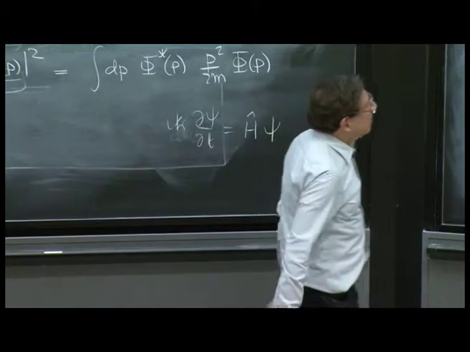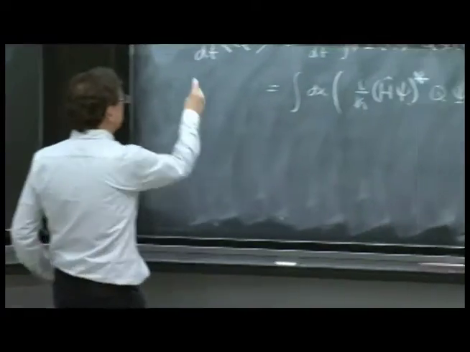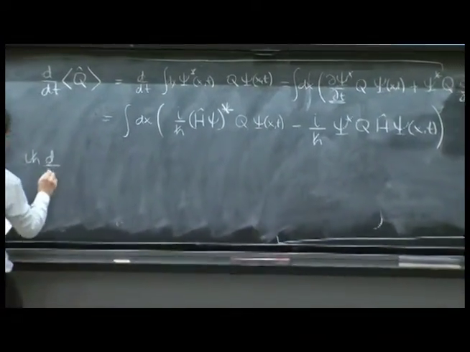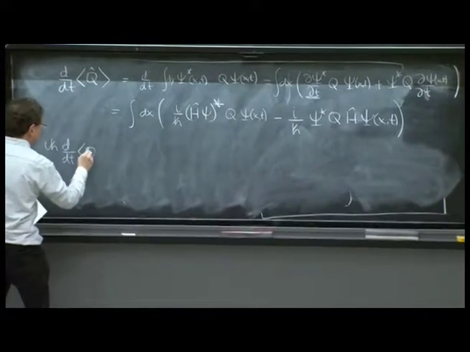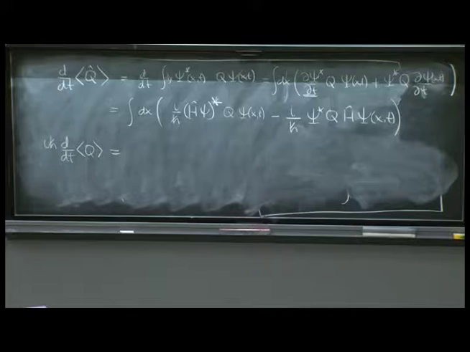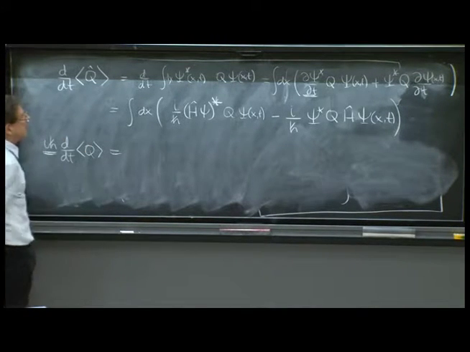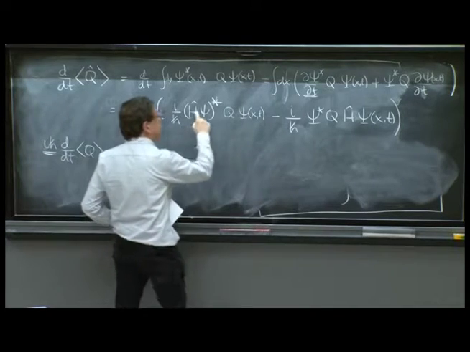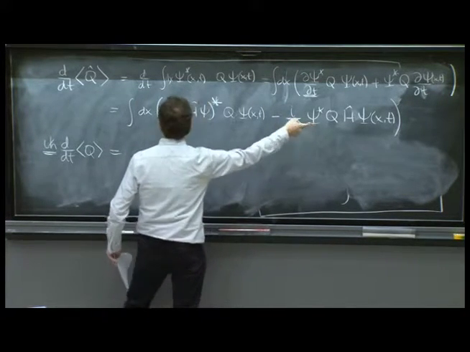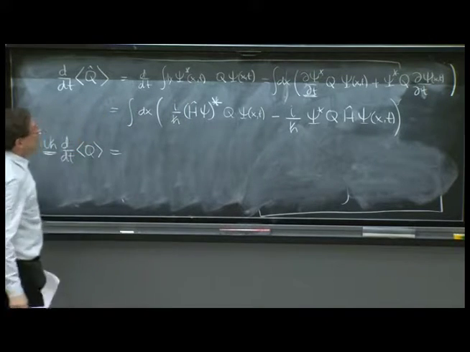So then it's actually convenient to multiply here by i h bar d/dt of q. So I multiply by i h bar, and I will cancel the i and the h bar in this term, minus then this term.